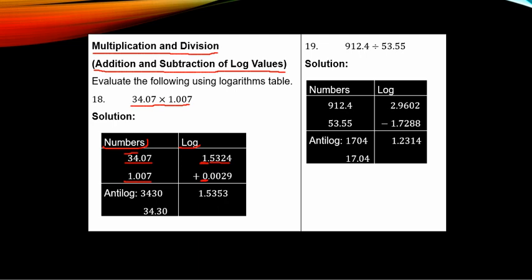For the mantissa, you check 10, the first 2 digits, under 0, the third digit, difference 7, the fourth digit, and you have 0, 0, 2, 9. So the first number is 34.07. Second number 1.007.